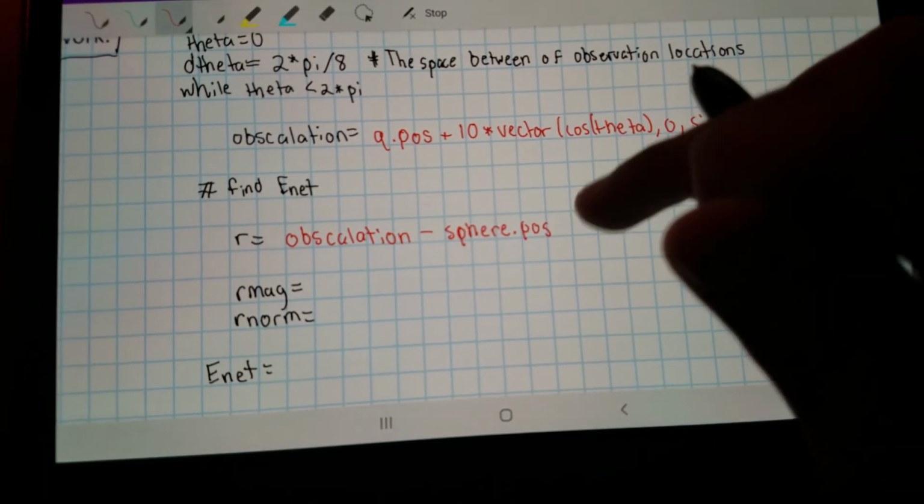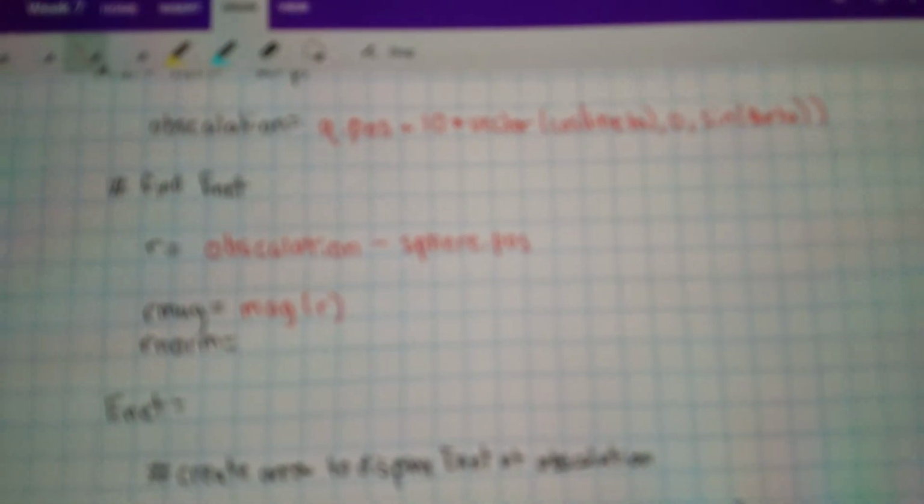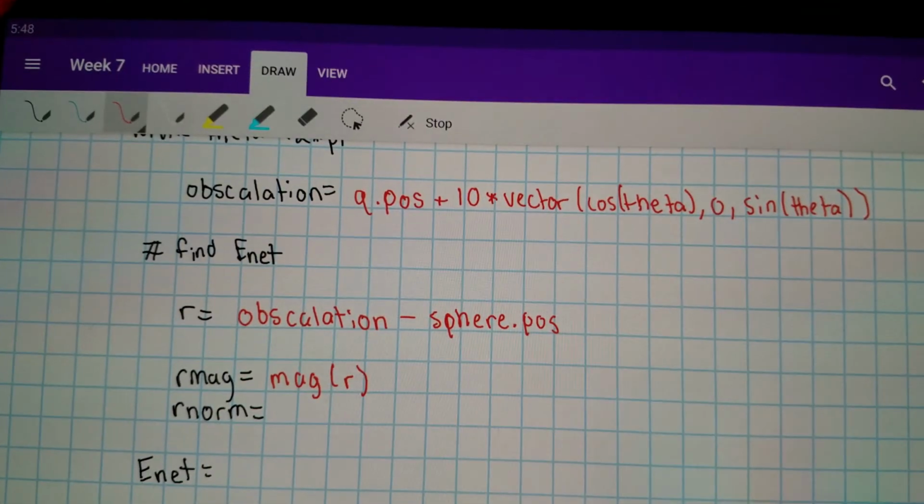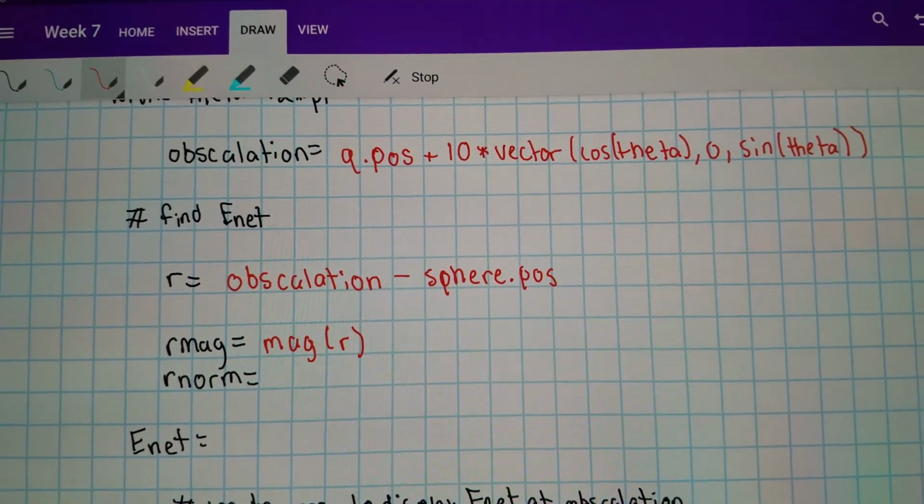That's the source. Now R mag, it's just a variable we're setting to find the magnitude of our R vector, which we need in the formula to actually find E net. So now as you can see, it's just a simple mag of R.